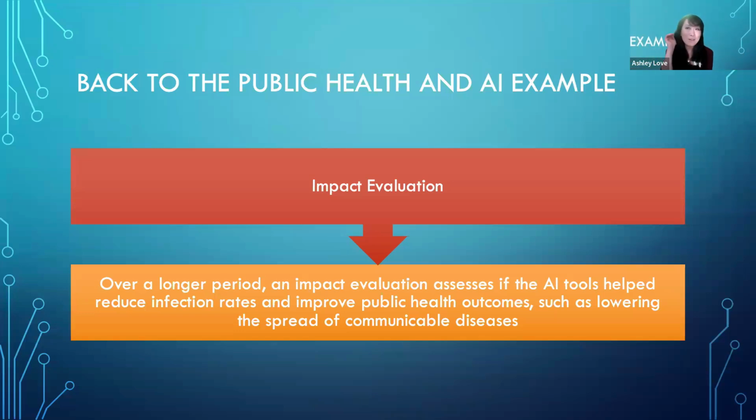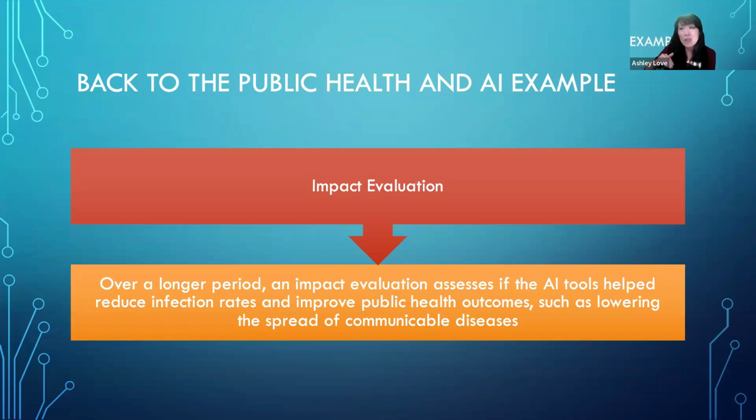So impact evaluation. What does that mean in terms of integrating AI into the public health system? Over a longer period of time, we're trying to see the infection rates. Do they persist? Are they down?